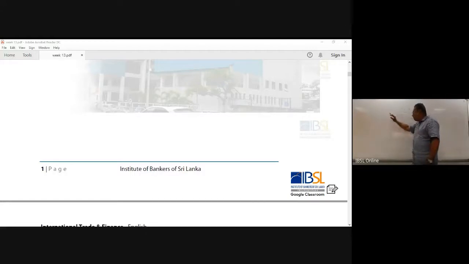Fernando and company had an LC limit with the bank of 200,000. It should be in rupees, but I have taken US dollars here, 200,000.